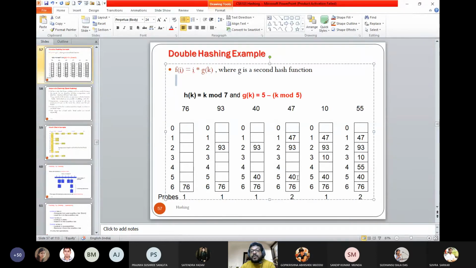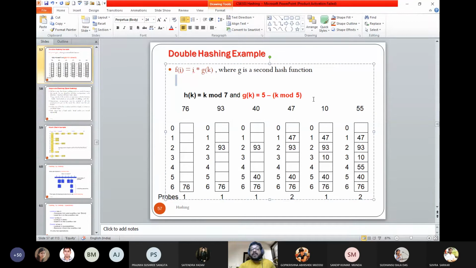So if you try to compute that, try with g(k). That is 5 minus k mod 5, where k is the particular key value. So we attempt this with 47 mod 5, and you can check. This is the way we apply a second hash function.